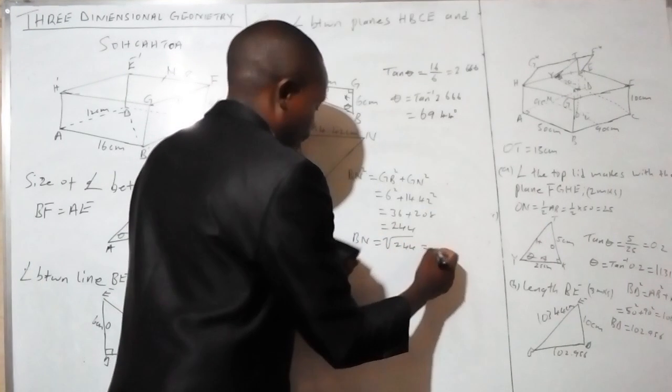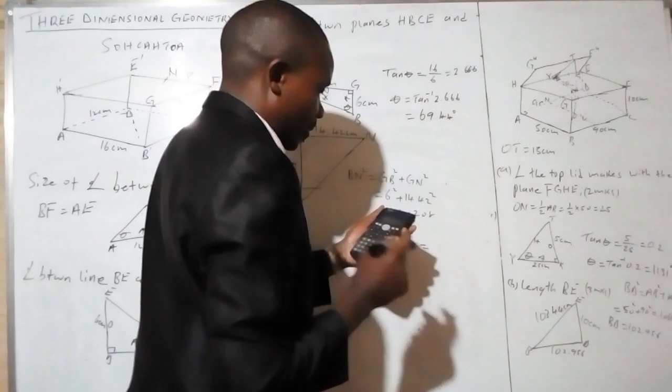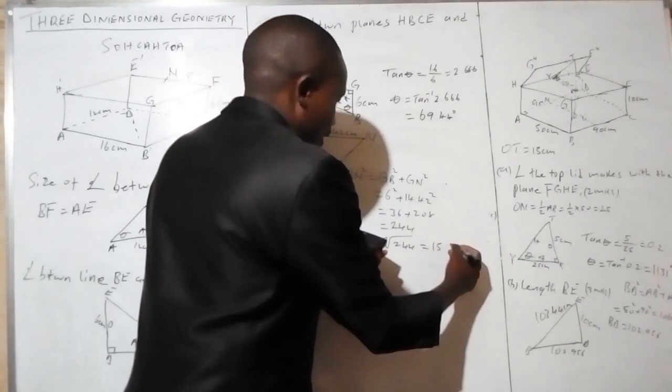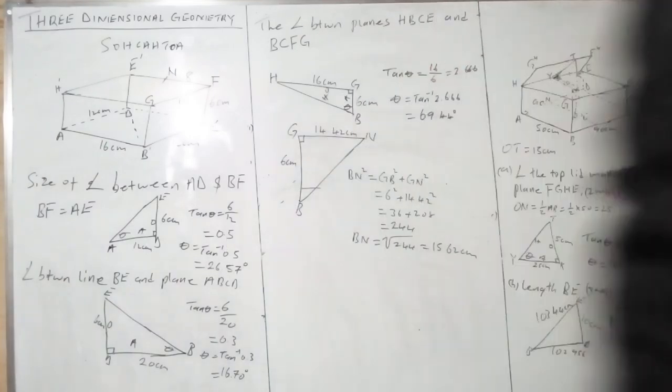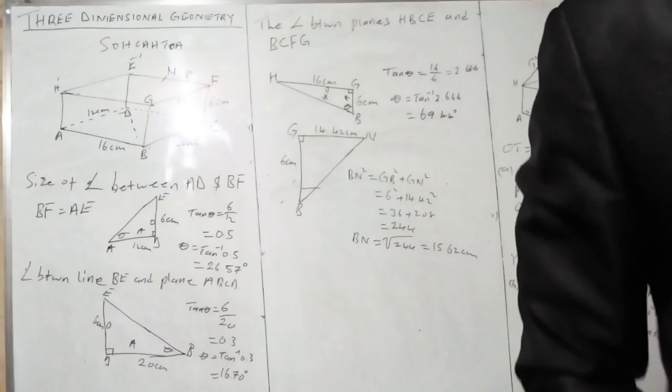Square root answer is equals to 15.62 centimeters. That's how we are supposed to do that.